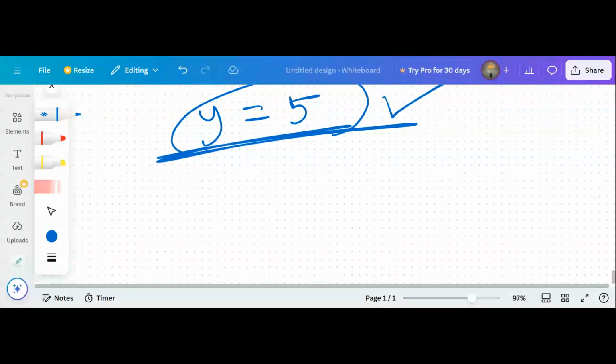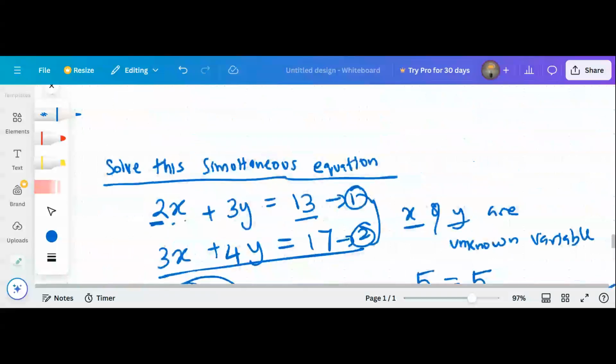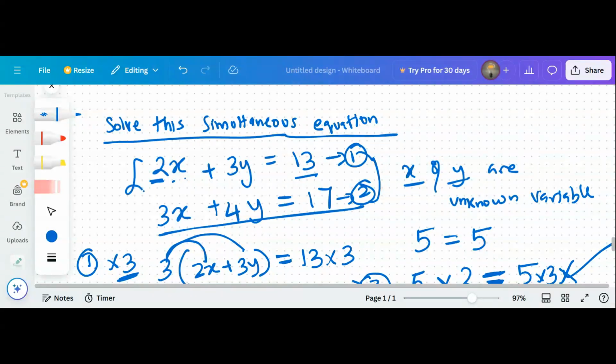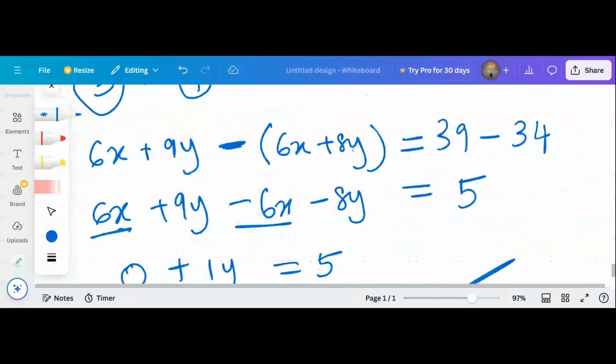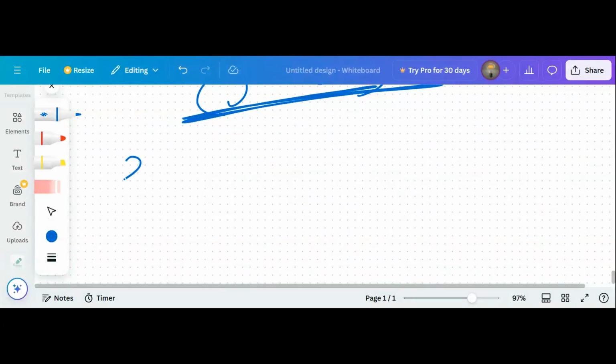So next step, what do we have to do? We have to find the x. Initially we had two equations, so whichever you want, you can take. Let's take the first equation: 2x plus 3y is equal to 13. You can take the second equation also, that is your wish.